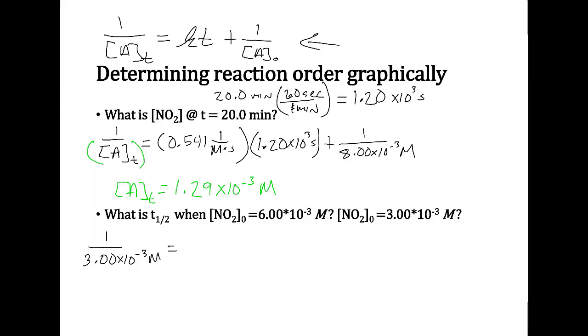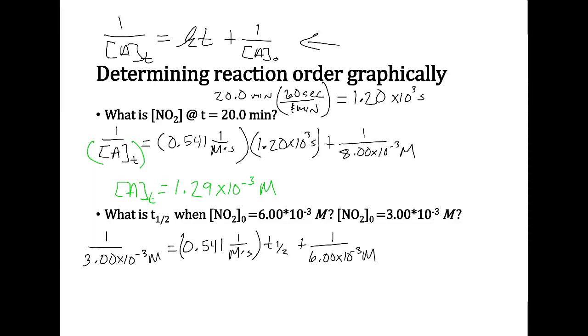equals, and then we'll have our rate constant k, 0.541 per molar per second, times the half-life we're solving for, and then here our initial concentration is 6.00 times 10 to the negative third molar.